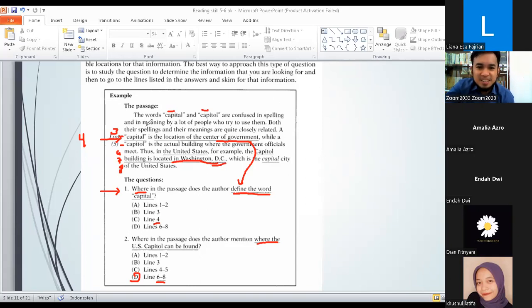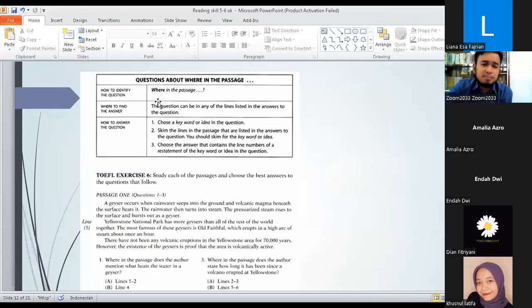Okay, so before we go to the following questions, we have the table here. The questions are like this: where in the passage? So what you are going to do is try to choose the keyword.